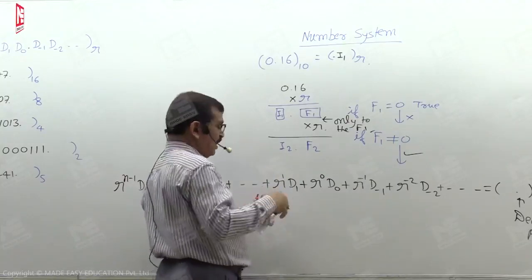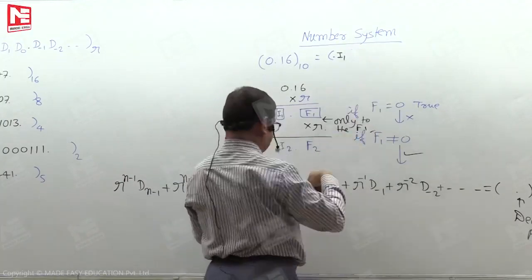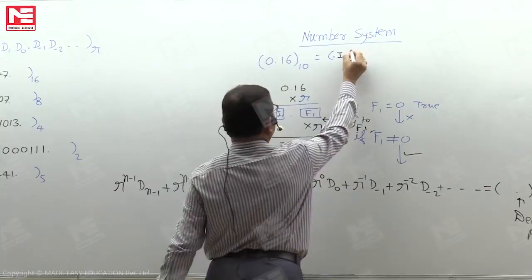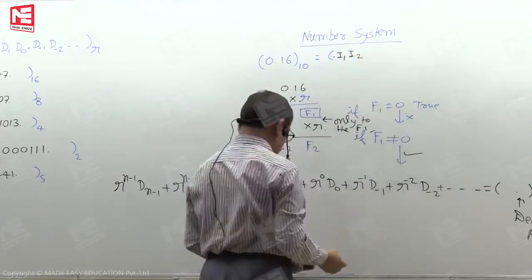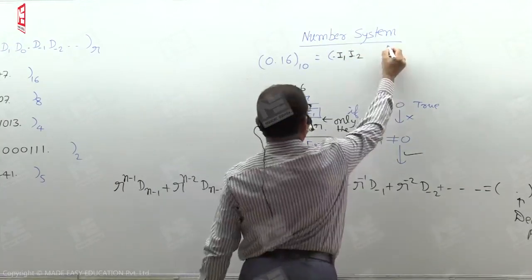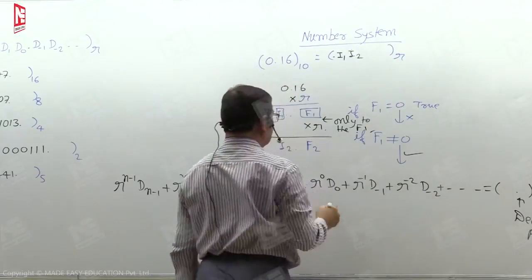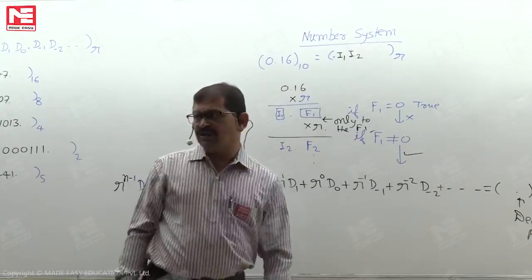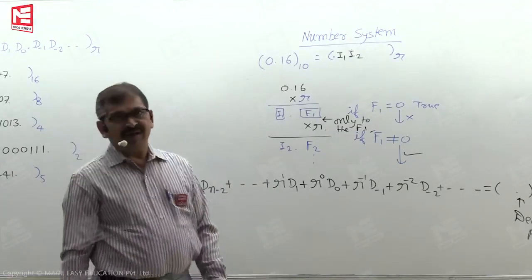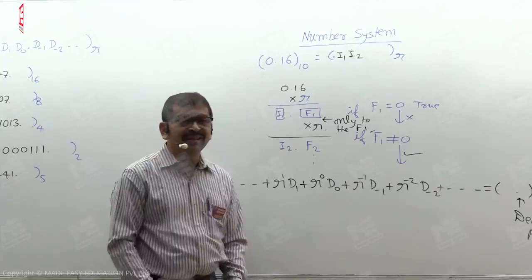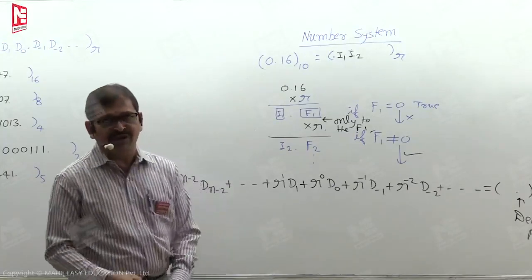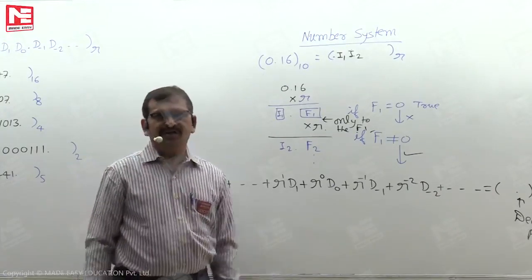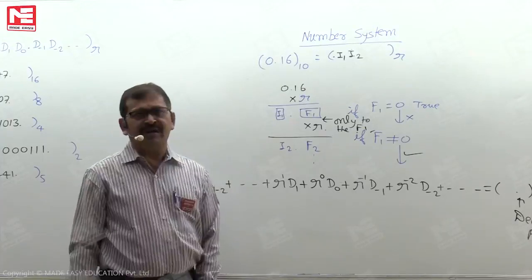Now after the radix point, the second digit is I2, and so on. In the normal scenario, it is to be continued until the fractional part becomes 0.